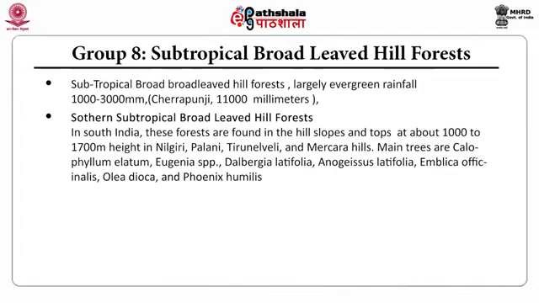Southern subtropical broad-leaved hill forests in South India are found on the hill slopes and tops at about 1000 to 1700 meter height in Nilgiri, Palni and Makara hills. Main trees are Calophyllum, Eugenia, Dalbergia latifolia, Anogeissus latifolia, Terminalia officinalis, Olea dioica and Phoenix humilis.